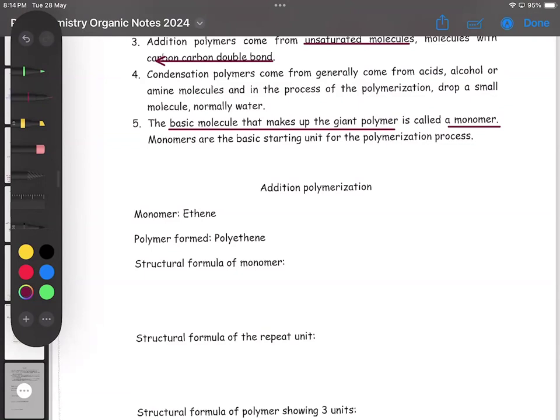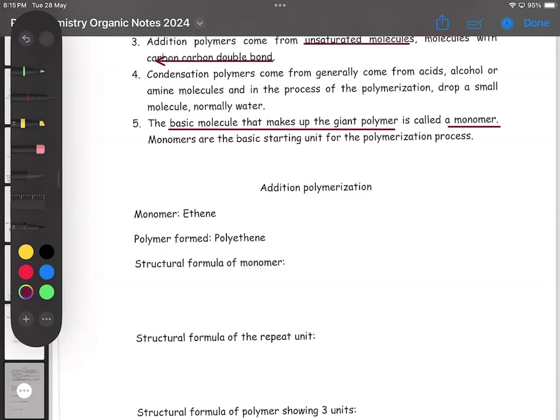Your protein molecules or polypeptides are your polymers, the big ones. The small unit is your amino acid. And similarly, starch is your polymer. Your basic unit is your glucose. Your glucose is like your monomer. Okay, something like that, with that in mind.